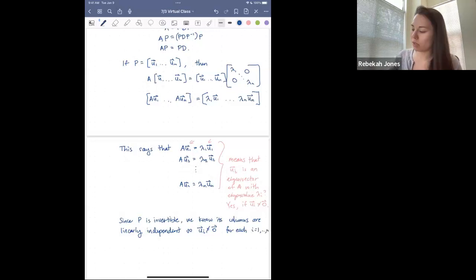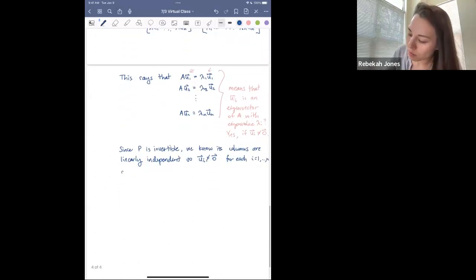And so we know that the columns of P, those u_i's, are eigenvectors, each of them.